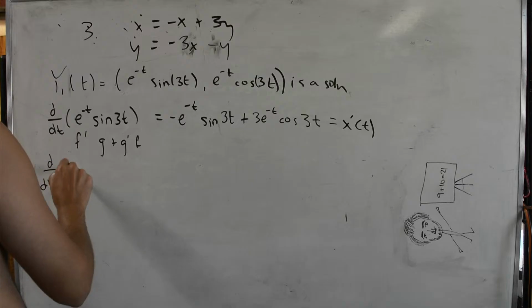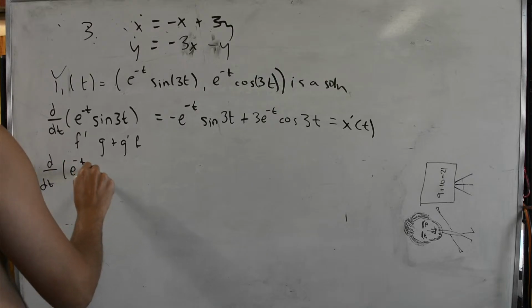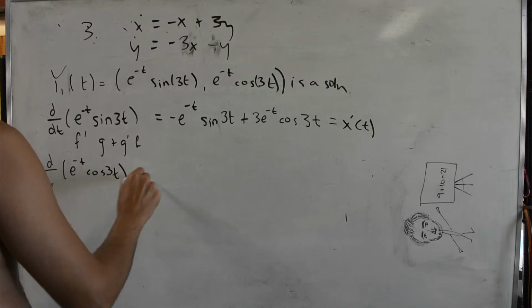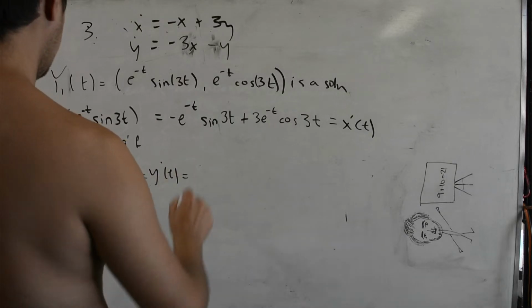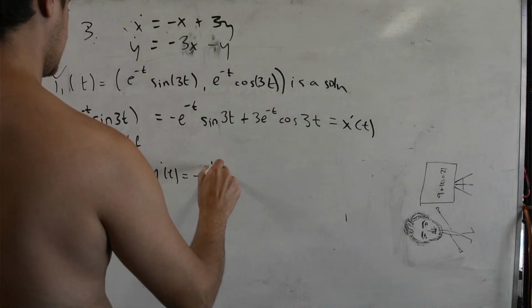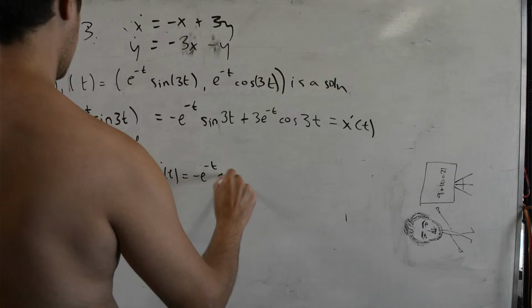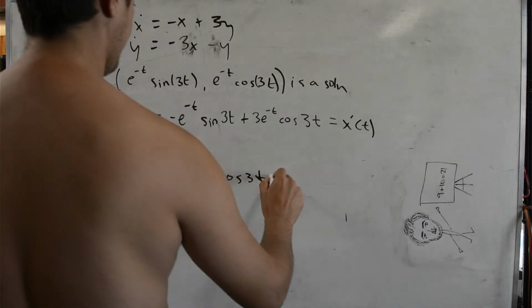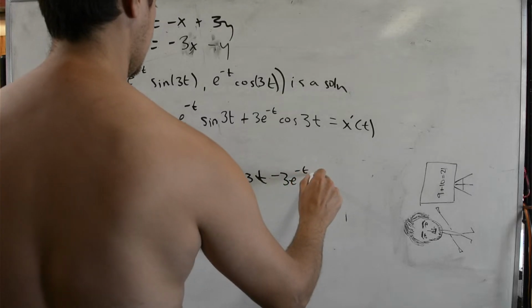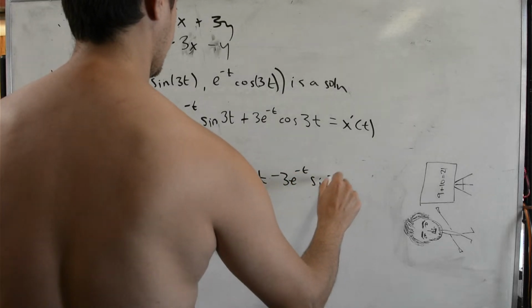Now we get y. d/dt of e to the minus t cos 3t is equal to y prime of t, which is just going to be minus e to the minus t cos 3t minus 3e to the minus t sine 3t. Okay, great.